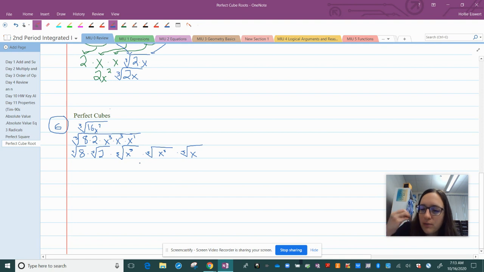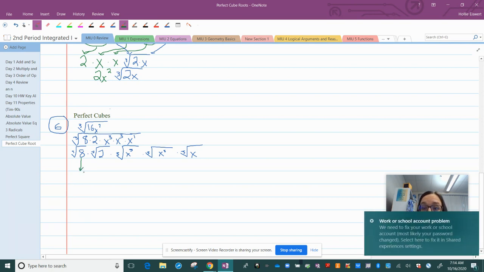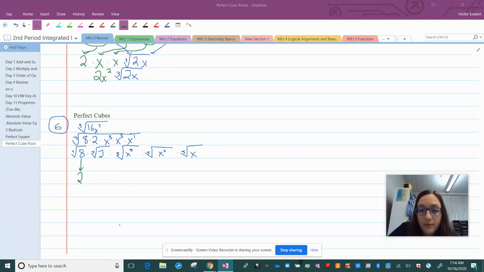Then we're going to find our perfect cubes and simplify those. If we have the cube root of 8, if we have 8 unit cubes, we can make a perfect cube, and that dimension would be 2. 2 times 2 times 2 gives us 8. This cube root of 2 is going to stay in the radical, so I'm going to leave that for later.